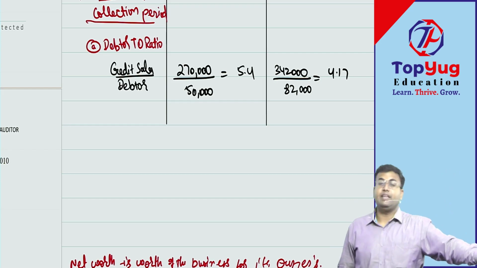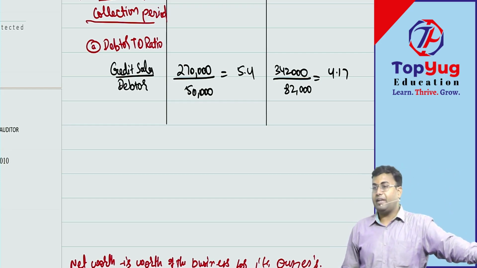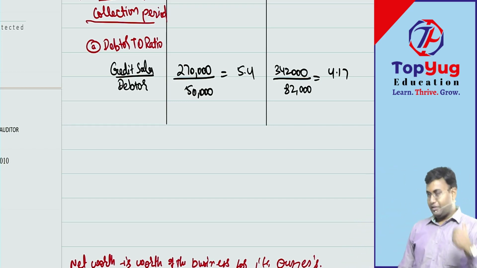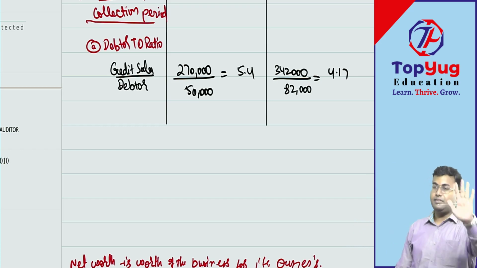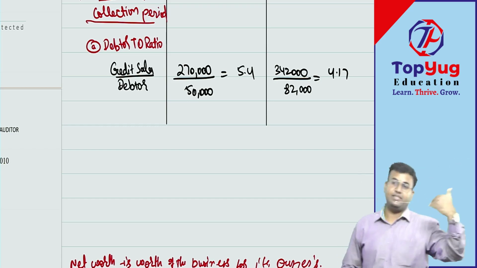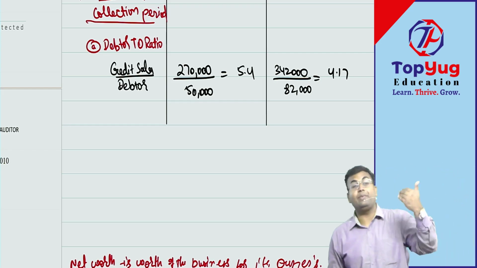That means in a year, 5.4 times a customer has come to me. I sold him the goods. He stayed for 2.5 months. After 2.5 months, he paid me back. Again he purchased. Likewise, in a year, how many times has this cycle repeated?